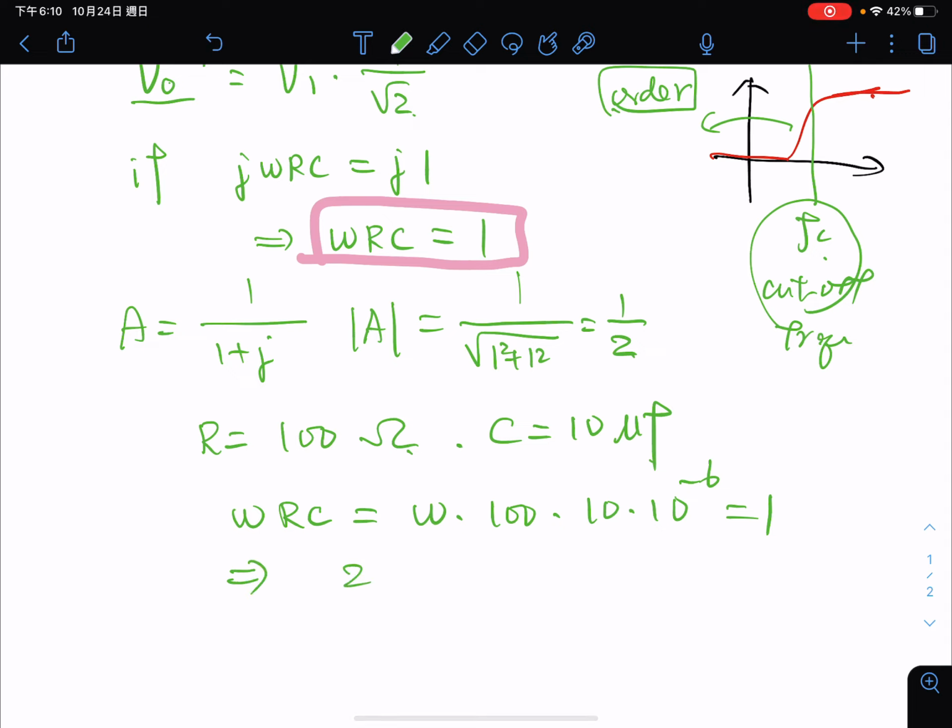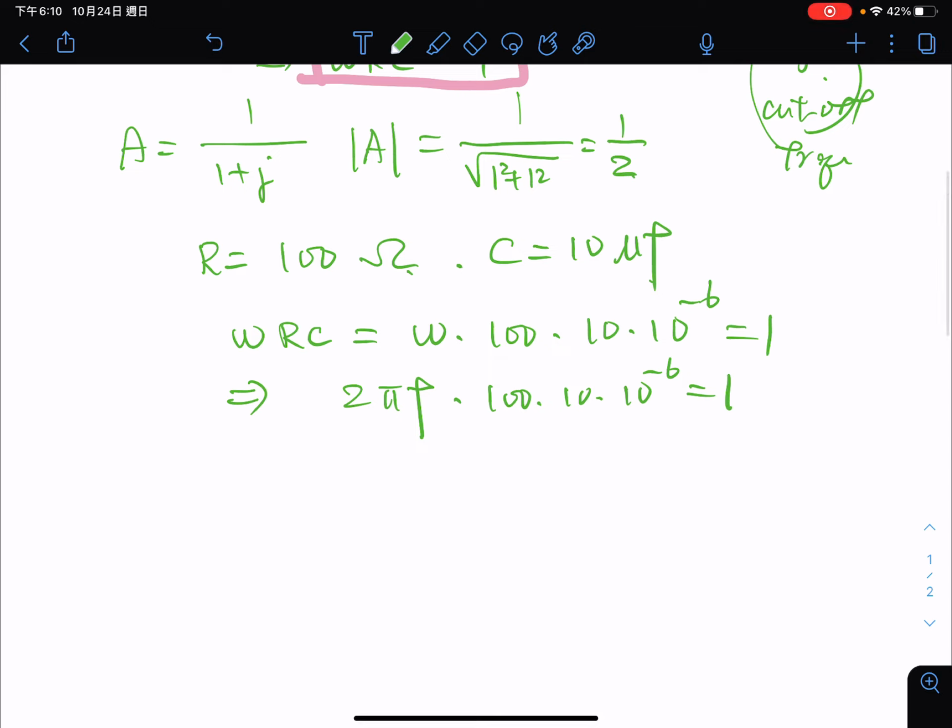So 2 pi f multiplied by 100 and 10 times 10 to the minus 6 will be equal to 1, right? And then what about the f? The f will be equal to, if we make some simplification here, 10 to the minus 3 here, so it will be 1000 divided by 2 pi, which should be equal to 6.28.